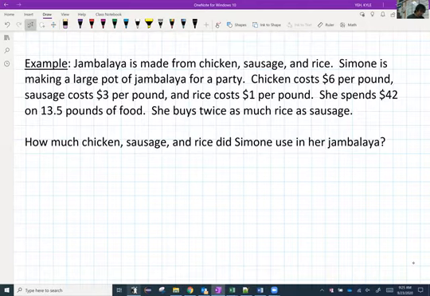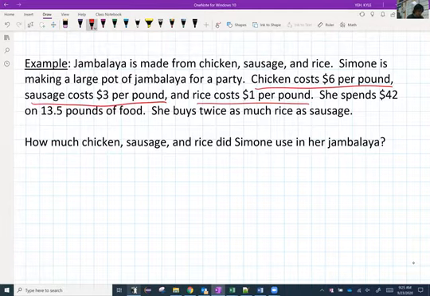So here's what we say. Jambalaya is made from chicken, sausage, and rice. Simone is making a large pot of jambalaya for a party. We're told that chicken costs $6 per pound, sausage $3 per pound, rice $1 per pound. She spends $42 on 13.5 pounds of food.